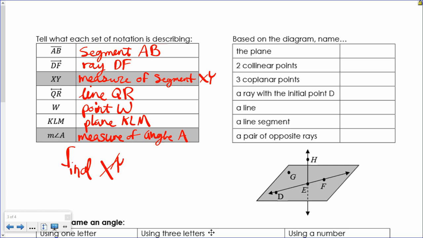No, because D is on the middle. My point was the line.